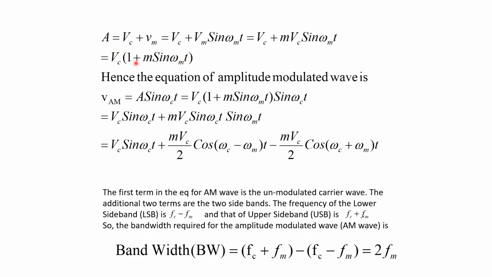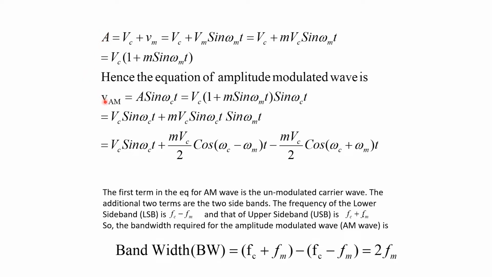This is the amplitude. Hence, A is the final amplitude of the carrier wave, whose amplitude is being varied according to the instantaneous value of the modulating signal. So we can find out the equation of the amplitude modulated wave, because A is the modified amplitude.